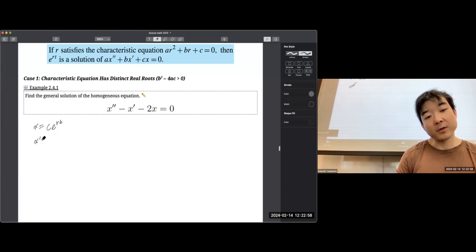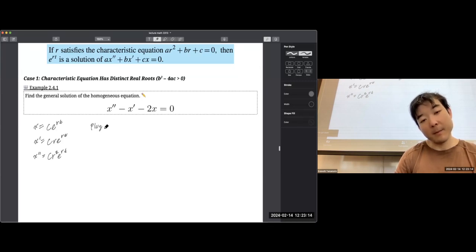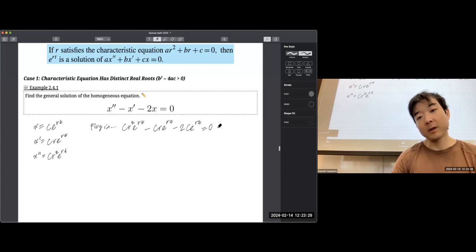Of course, the first derivative is going to be c r e to the rt, and then the second derivative is c r squared e to the rt. And if you plug this into this differential equation, the second derivative is c r squared e to the rt, minus the x prime, which is c r e to the rt, minus 2 times c e to the rt. This is equal to 0.